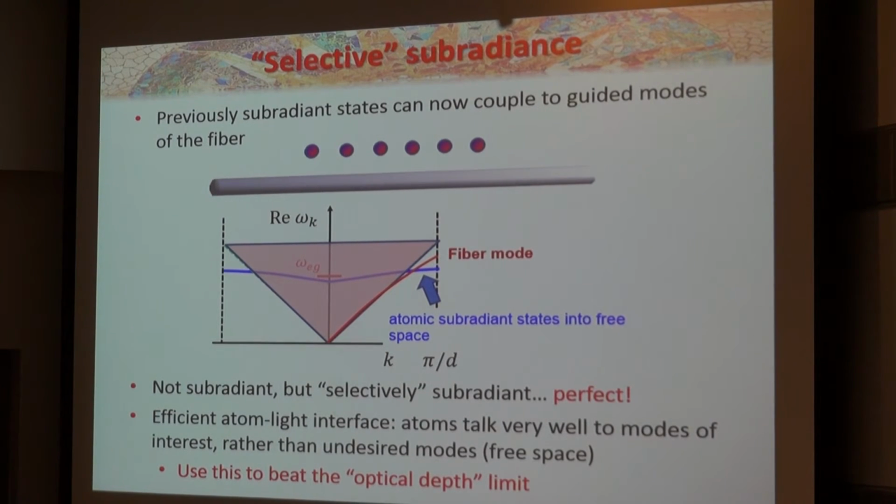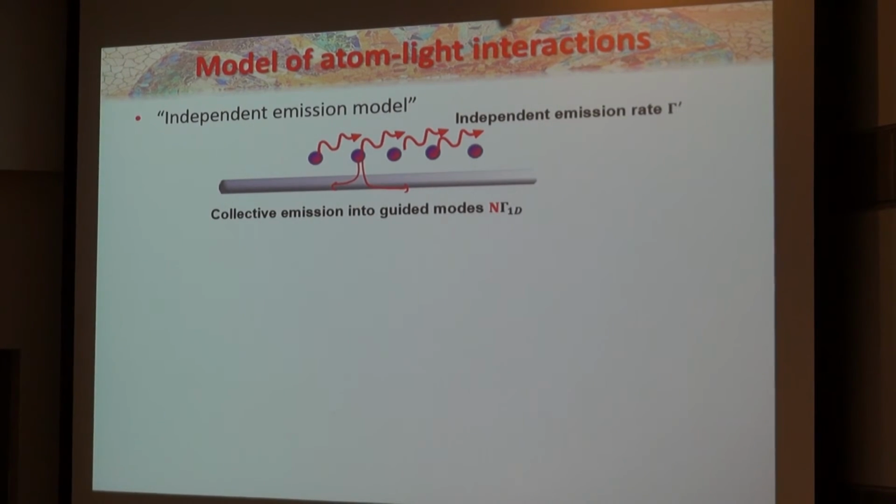So we're going to see if this configuration can beat these so-called optical depth limits of atomic ensembles. So we have to set up a counter example or a counter model to that. So what's the typical thing that people assume about fibers? Well, if you have a fiber and many atoms coupled to it, people usually assume that you have a collective emission or enhancement into the guided modes.